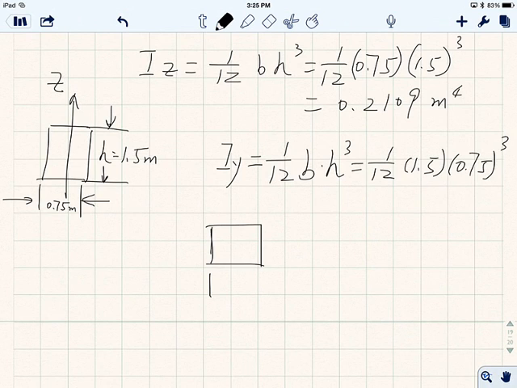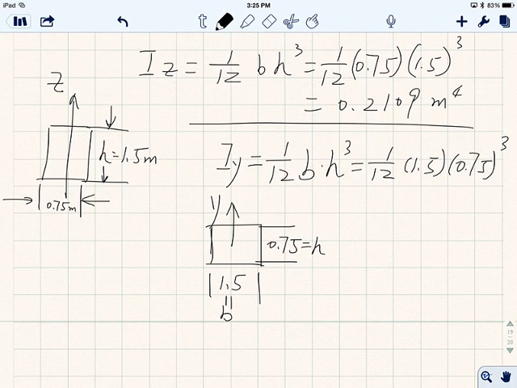The base is 1.5 and the height is 0.75. Okay. Now this is Iy. This is Iz. All right, so I have another two numbers which will be useful for my calculation.